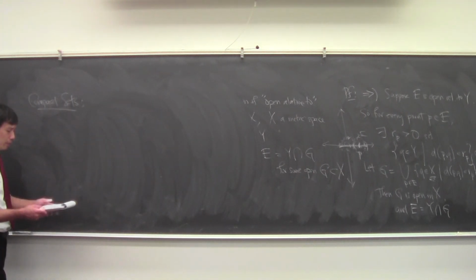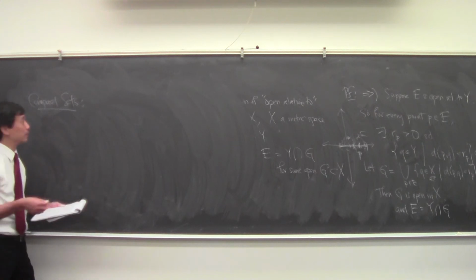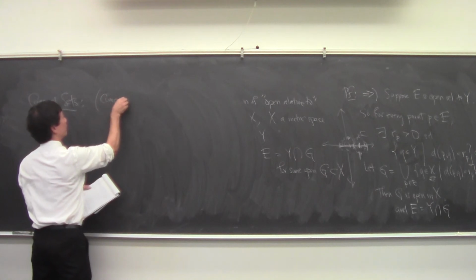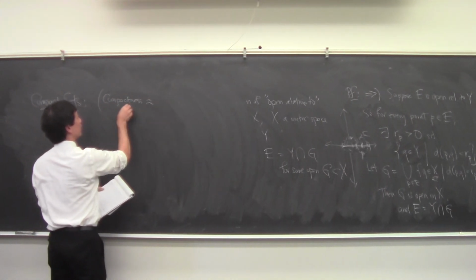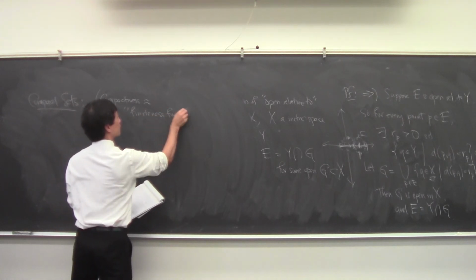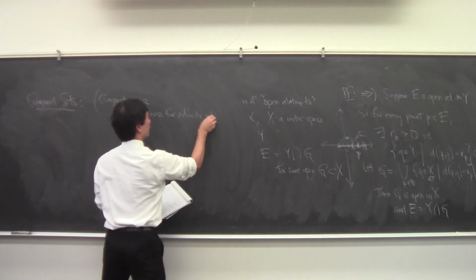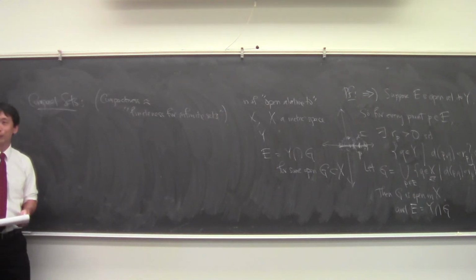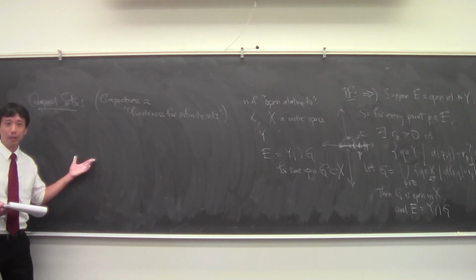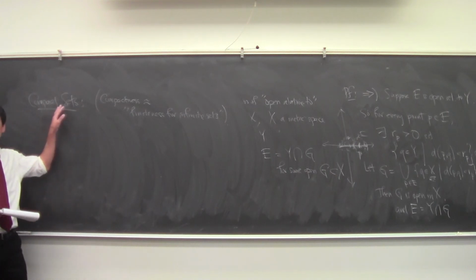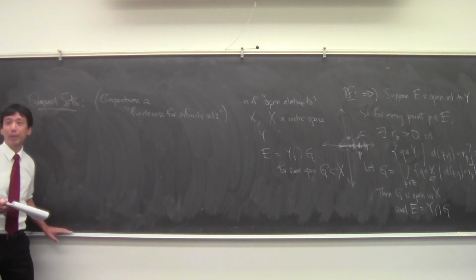I think the best way of thinking about compactness is that it is sort of like finiteness for infinite sets. You've got an infinite set, but there's some sort of finite quality to this infinite set, and that's captured in this definition of compactness.